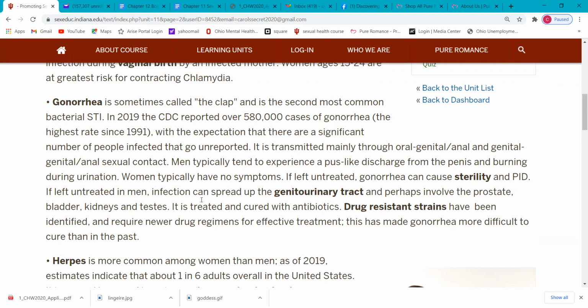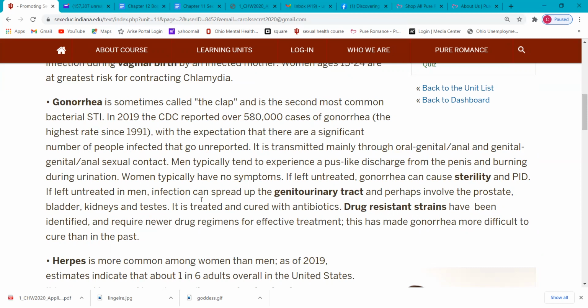It is transmitted mainly through oral, genital, and anal sexual contact. Men typically experience a pus-like discharge from the penis and burning during urination. Women typically have no symptoms. If left untreated, gonorrhea can cause sterility and PID. Remember, pelvic inflammatory disease, PID.